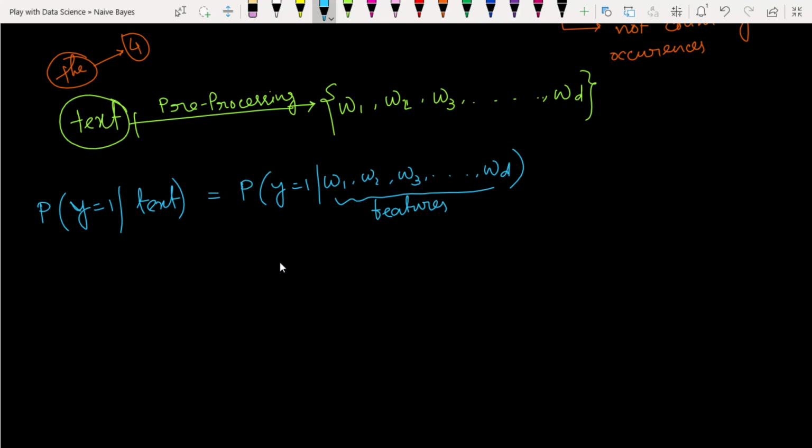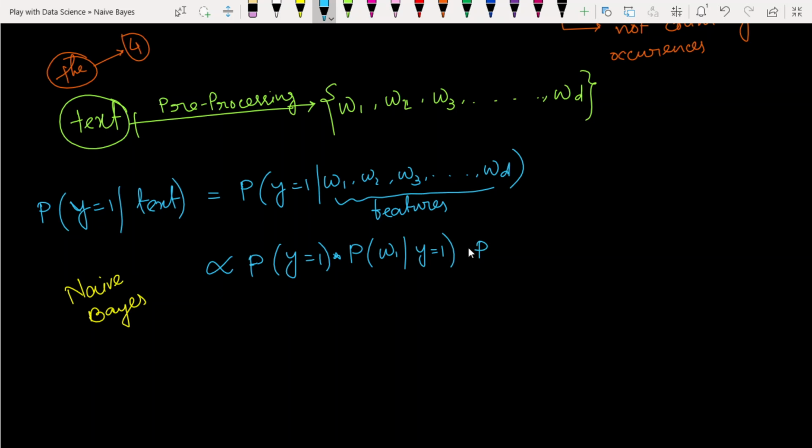If you remember the Naïve Bayes technique, this is proportional to what we get by using Naïve Bayes. It can be written as the probability of the class y equals 1, times the probability of w1 given class 1, times the probability of w2 given class 1, up to d features, the probability of wd given class 1.